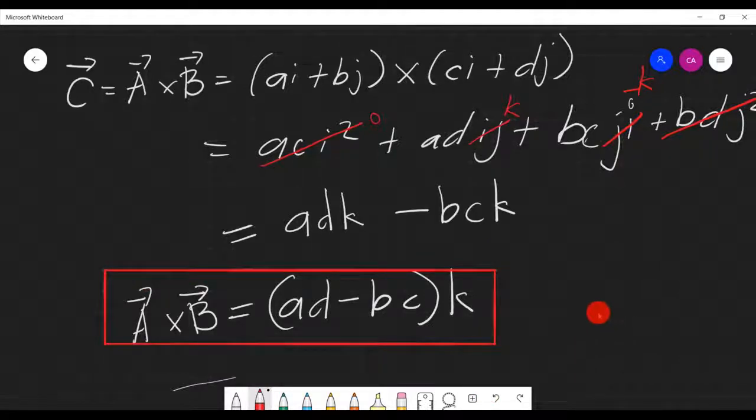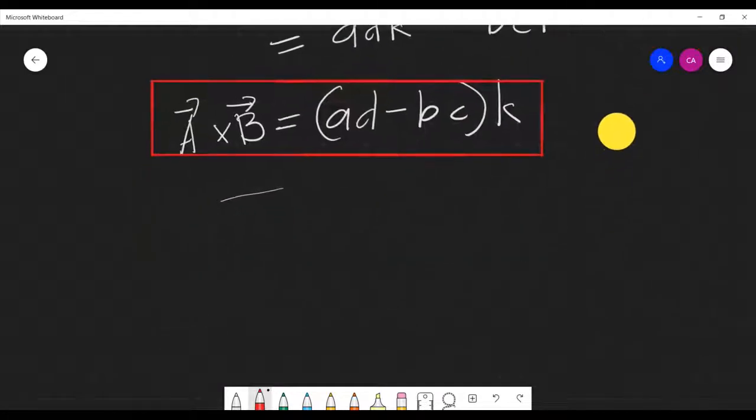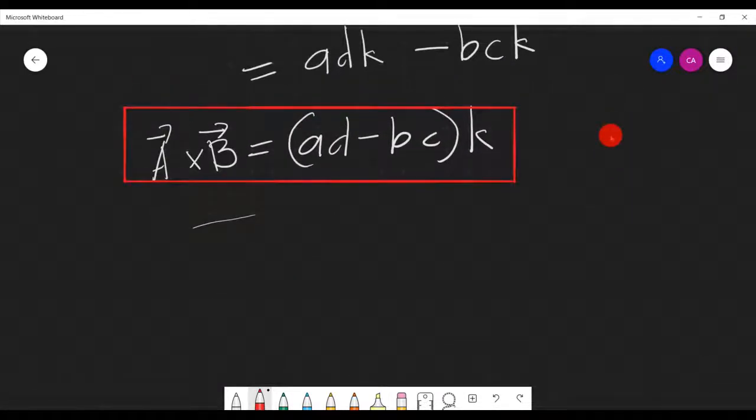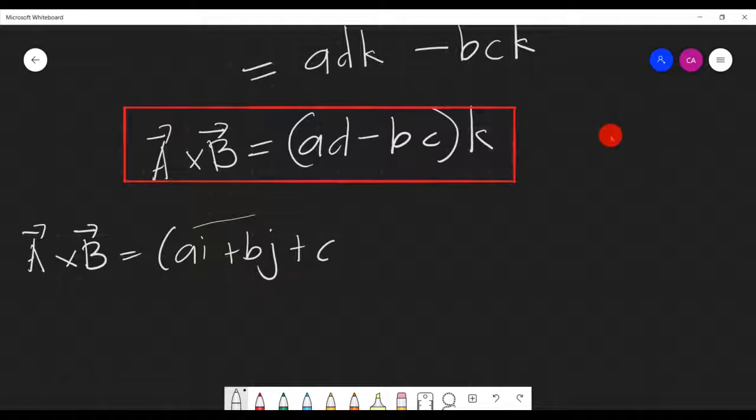Ngayon, kapag itutuloy natin para sa 3-dimensional, ganito naman magiging tsura nun. So A vector times B vector equals Ai plus Bj plus Ck. So this is the vector of A, times halimbawa naman yung vector ni B, let's say Di plus Ej plus Fk.